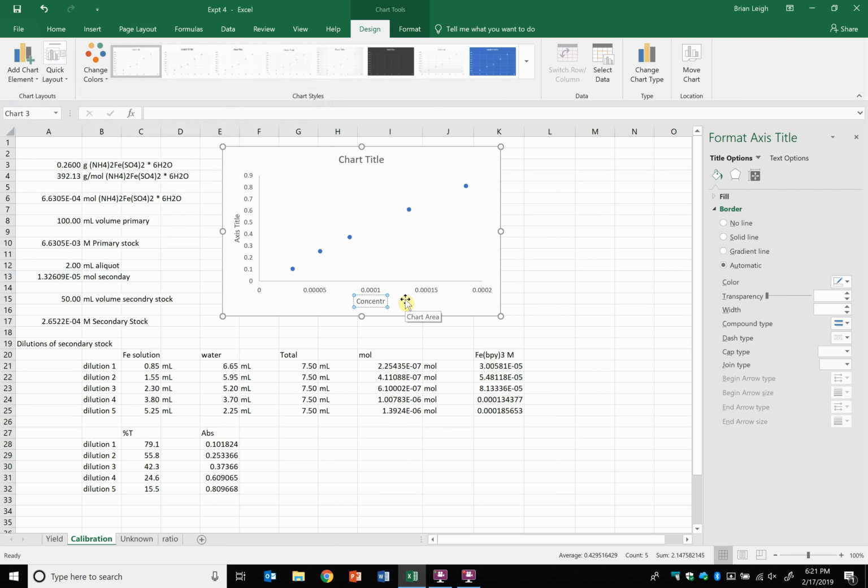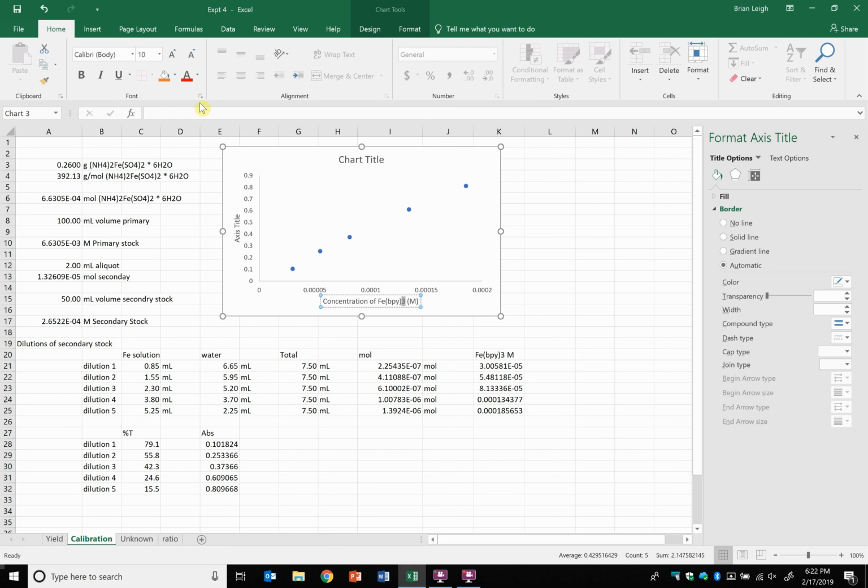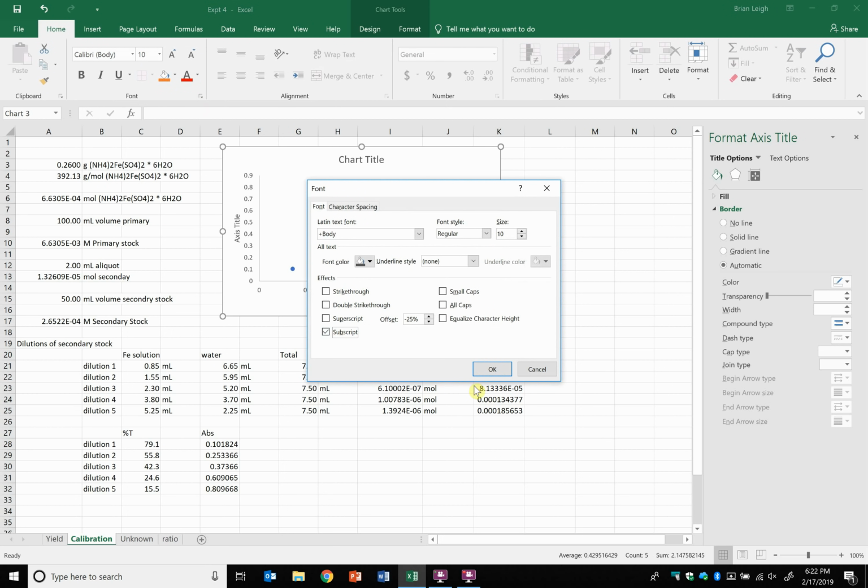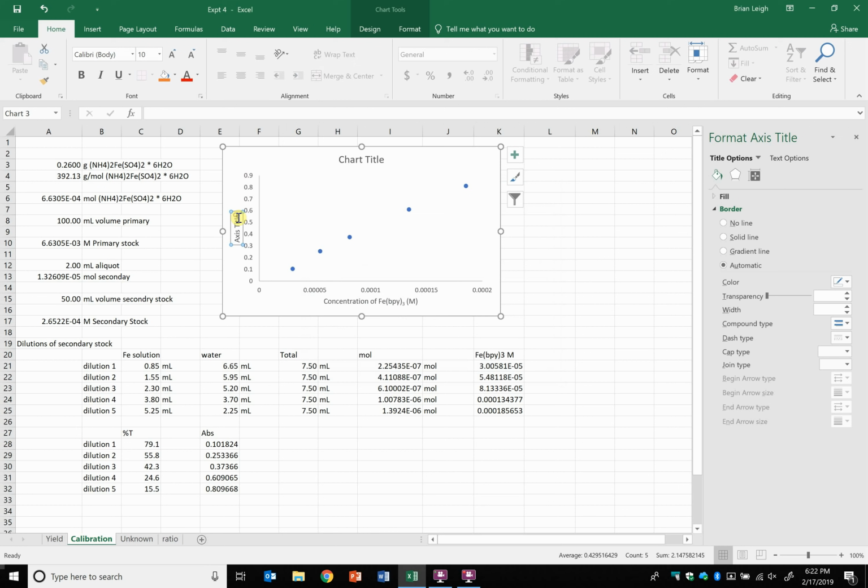So concentration of iron bipy, that's in molar. And then over here, I have absorbance at 520 nanometers, and those are arbitrary units.